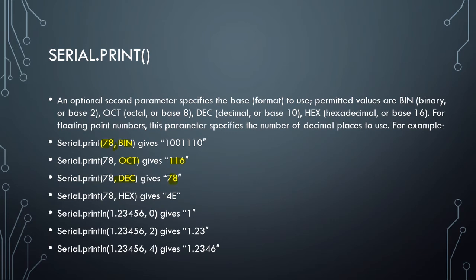So if you're already working in the decimal system, that doesn't really gain you anything. You don't really need to add that. If we added a comma and HEX for hexadecimal, that would print out 4E, which is representing 78 in the hexadecimal number system. So we can use serial print to convert numbers to different number systems.